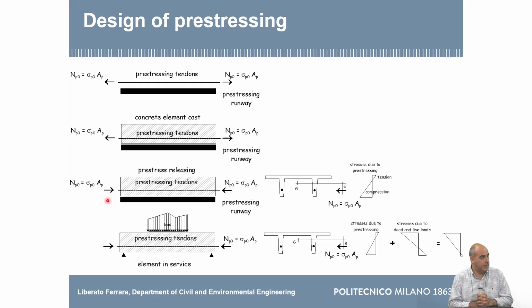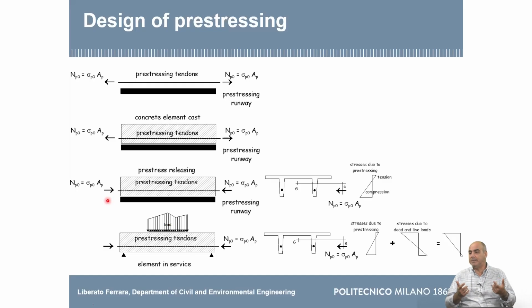But generally, we have said one of the purposes of pre-stressing is to avoid cracking. To avoid cracking because we want the fully reacting cross-section because of stiffness reasons, because of durability reasons, and so on. So this means that we have to counteract the tensile stresses in the element.